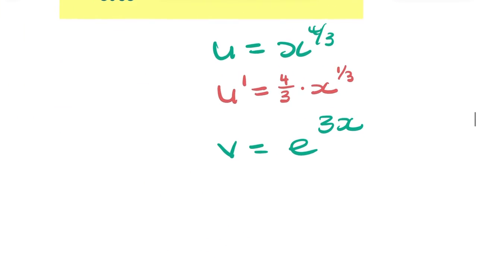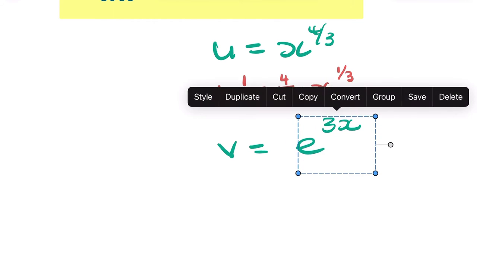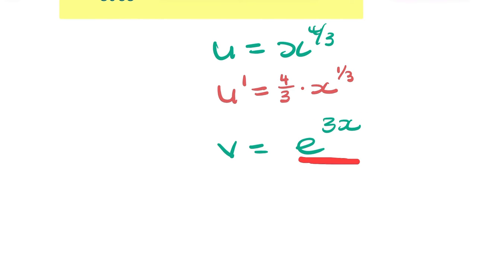And now to differentiate the exponential, the derivative of an exponential is always the exponential. It's untouched. We don't touch the power, we don't touch the e. So v dash is simply e to the power 3x.